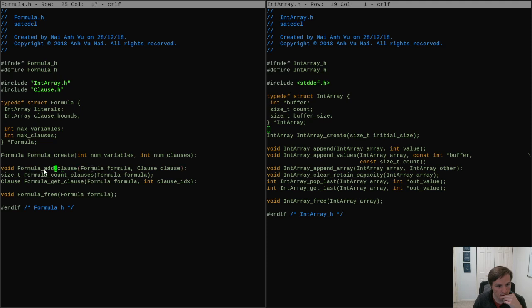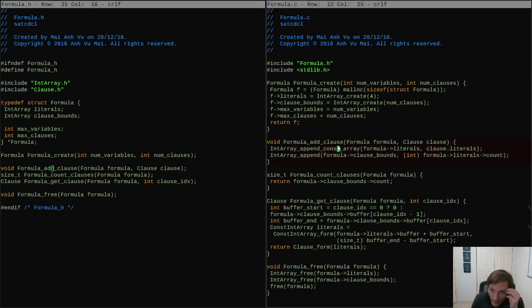So let's take a look at what this add clause is going to do. If we look at add clause, I'm probably going to guess here, clause is probably a pointer to a struct clause. Okay, so a clause comes with some literals possibly, and then some literals count, clause bounds.